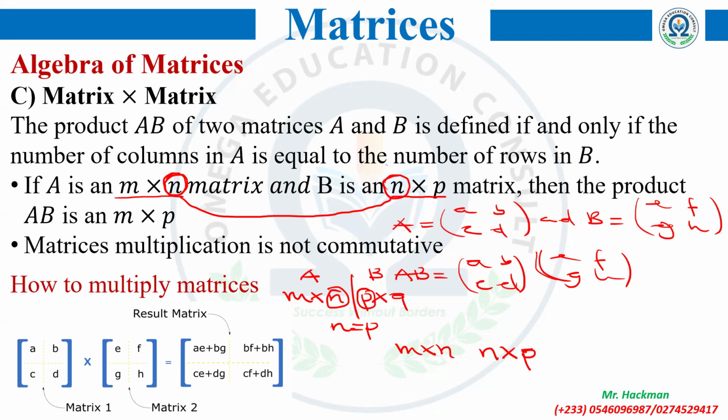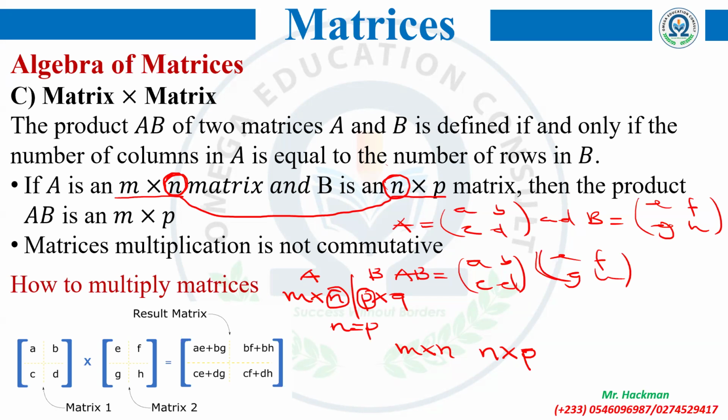So once the product is possible, you know that when you multiply a matrix by a matrix, you get a matrix. So your product, which will be your resultant matrix, will also be a matrix and it will have an order. So how do we determine the order of this product matrix, this result matrix?